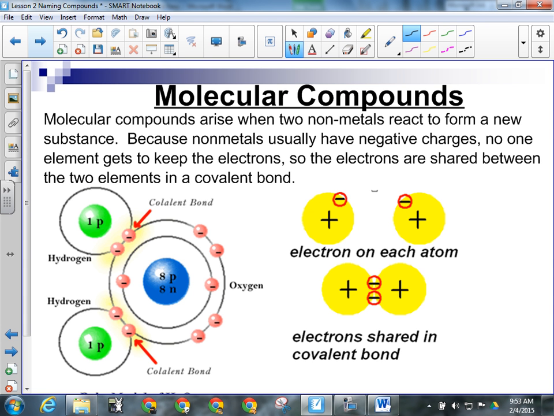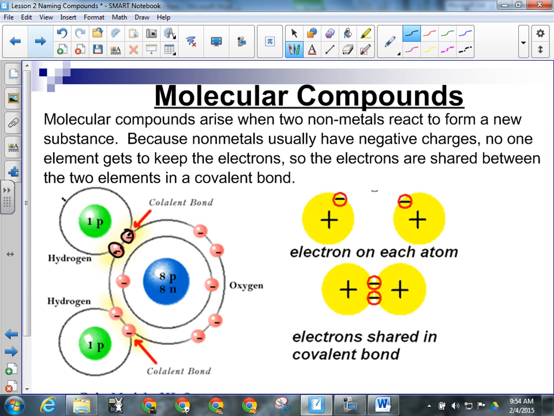So look in here, this is water. Water is a molecular compound, believe it or not, even though hydrogen is kind of a metal. We're looking at the electron from hydrogen right here. This is an electron from oxygen. Now, because they have to share, this electron spends a lot more time in this area than it does out over here.